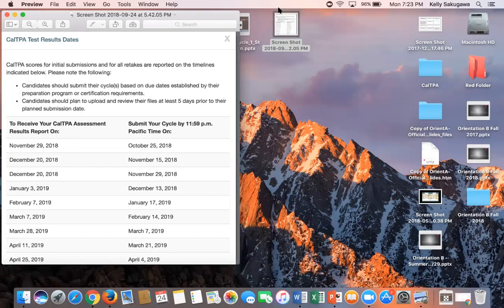So it was rough. I know people up and down the state will be anxiously there. I would say go 5 days because the test has been on hold. People are really anxiously awaiting to submit here for the CalTPA because it hasn't been available since April. So I imagine there will be a lot of people for that first submission date trying to access the system.